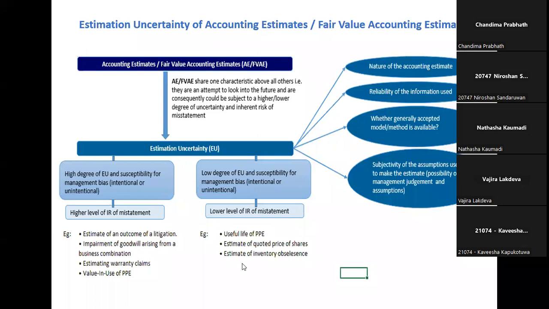It is unlikely that share-based payment would result in a higher level of inherent risk, probably low to medium. But if you take the useful life of PPE, I explained last week also, generally you can easily determine the useful life for depreciation.